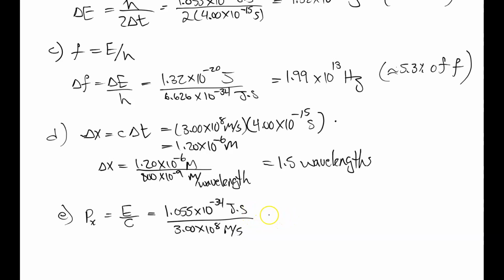And that gives us 8.28 times 10 to the negative 28 kilogram meter per second. And the uncertainty in the momentum is h bar over 2 times the uncertainty of the length, as we did earlier. And this is, oops, I made a mistake.